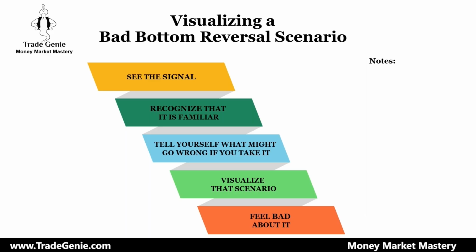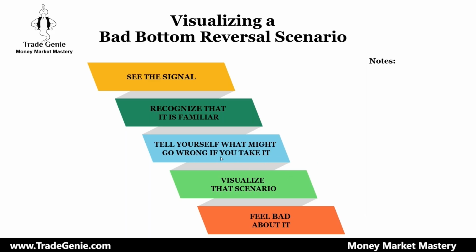But then you start telling yourself what can go wrong. This comes in your mind, and you say, no, this gap down, I don't know. I wait, and then you ignore, and then it just continues to fall apart. When you're telling yourself what might go wrong, you start visualizing that scenario, how much money you will lose by taking that trade.